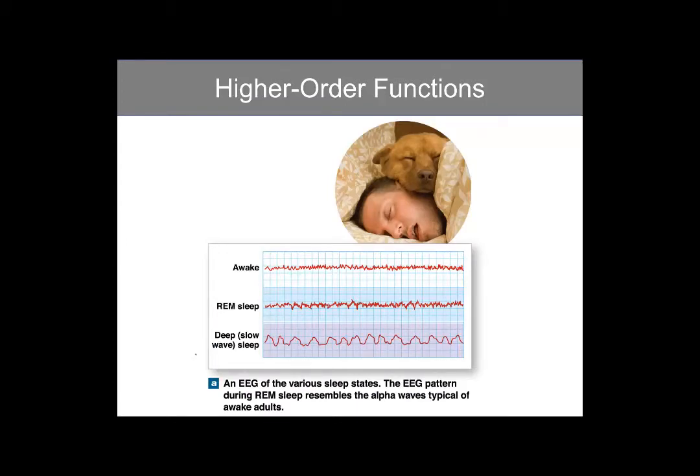Here we see an EEG associated with various sleep states, from the awake to the REM sleep, where one is dreaming, to the deep sleep, and we can see changes in the electroencephalogram associated with those patterns.